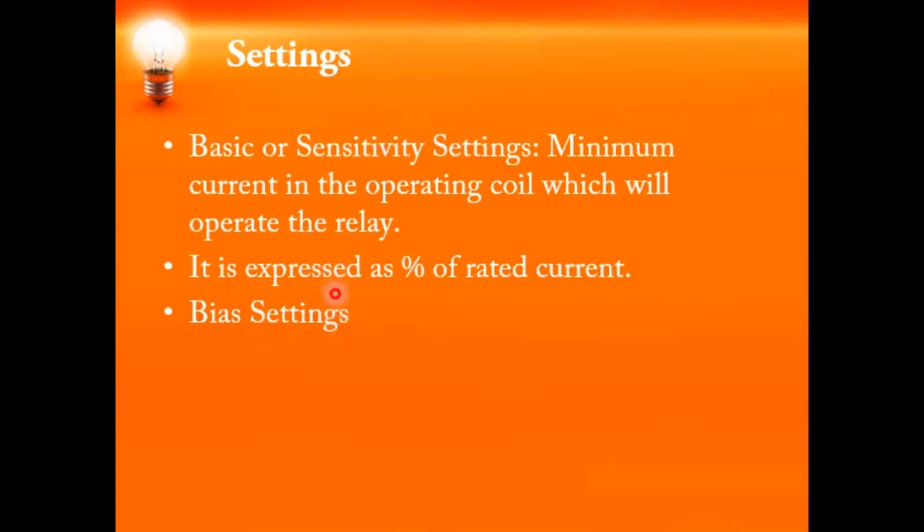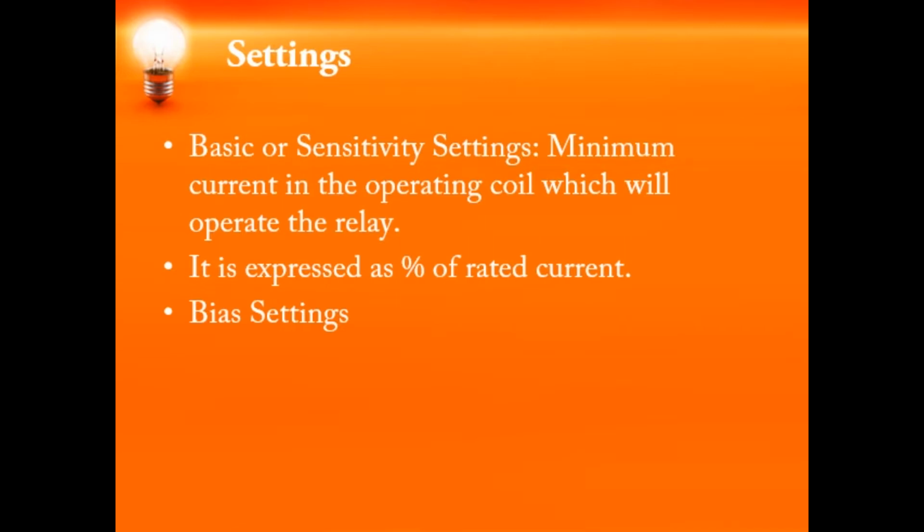In the case of basic or sensitivity setting, it is nothing but the minimum current in the operating coil with which the relay is going to operate. It is usually expressed in terms of percentage.